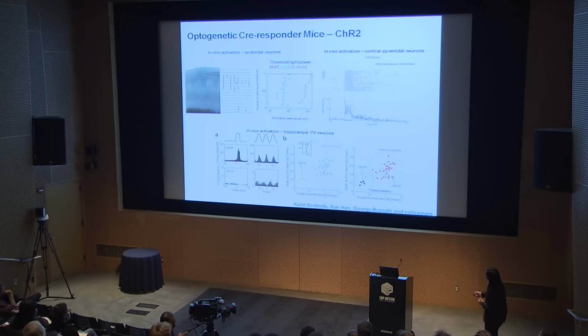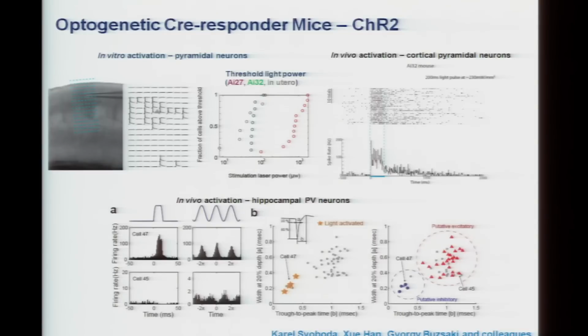Not only that, it's actually inhibited by the activation of the nearby parvalbumin neuron. These physiological studies show the specificity of the light-activated neurons, correlating exactly with the physiological properties of putative inhibitory neurons. All this work was done in collaborator labs: Karel Svoboda, Xue Han, and Yuri Buzsaki.